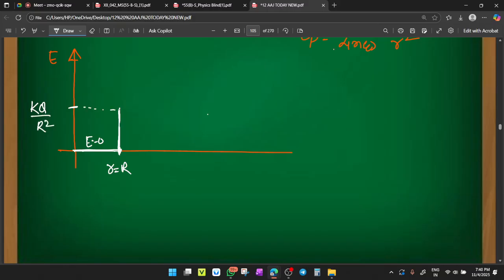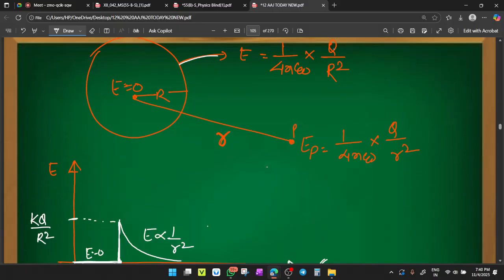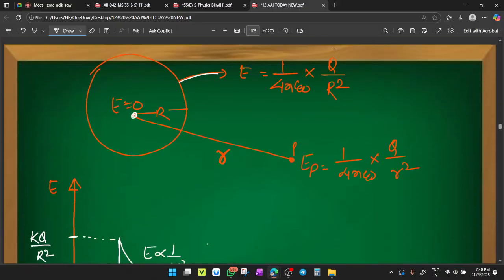Then it decays inversely proportional to r square. This is the graph of electric field intensity versus r, where r is the distance of the point from the center.